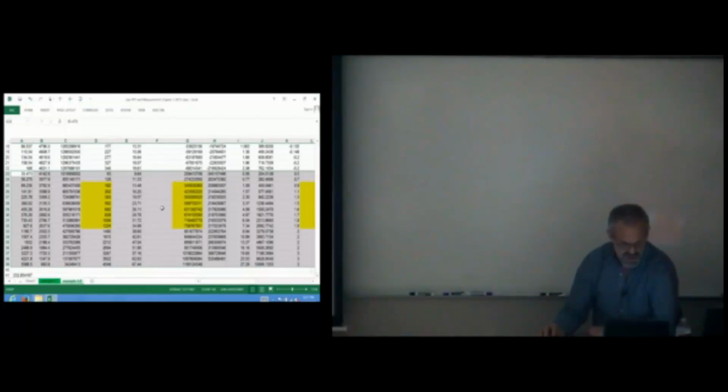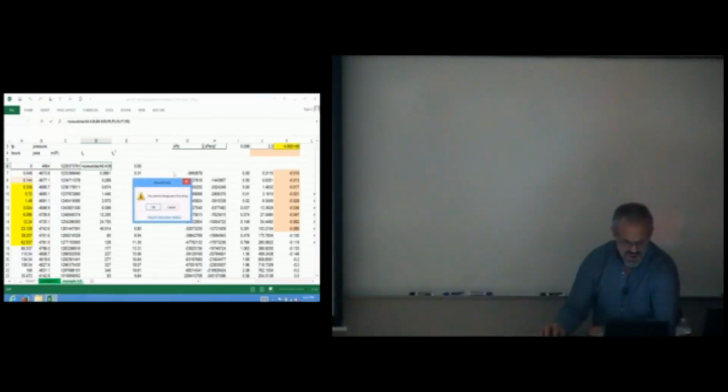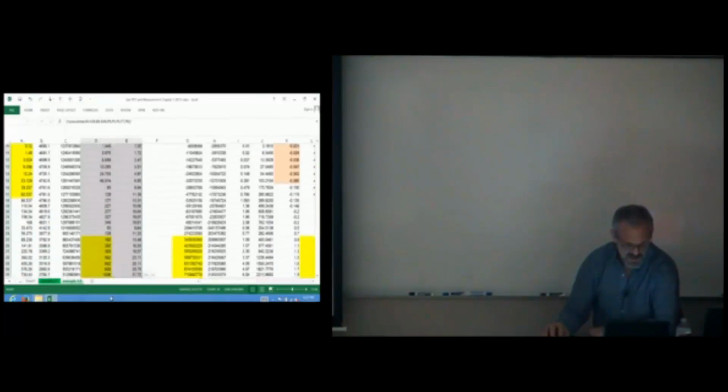Oh, I can't change an array. Here's what I do when I like this pseudo time function and I can't change it. I drag it up, and so I have a copy of it. See that? I have a copy of it. And then I delete the array.